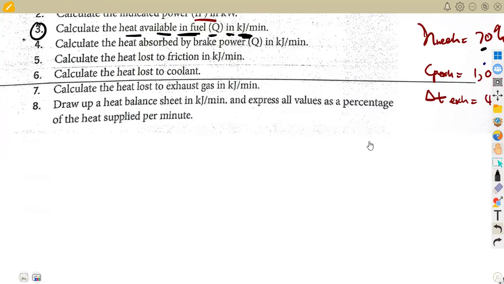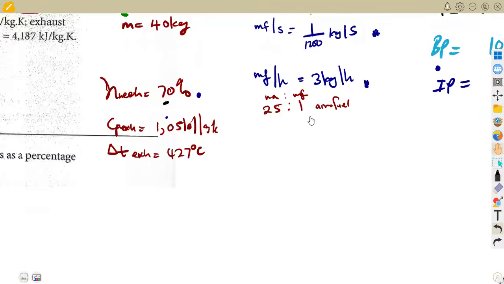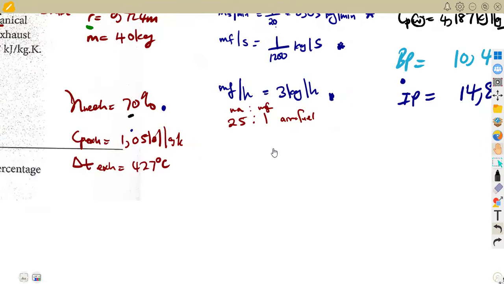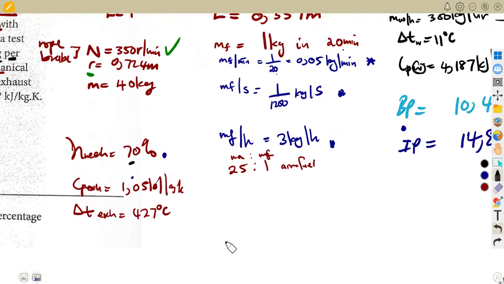But since they need this in kilojoules per minute, what does it mean? Let us go back. We have the mass of fuel here. As we understand, the fuel power is supposed to be the mass of fuel per unit time times the heat value, which is our calorific value, in kilojoules per kilogram.